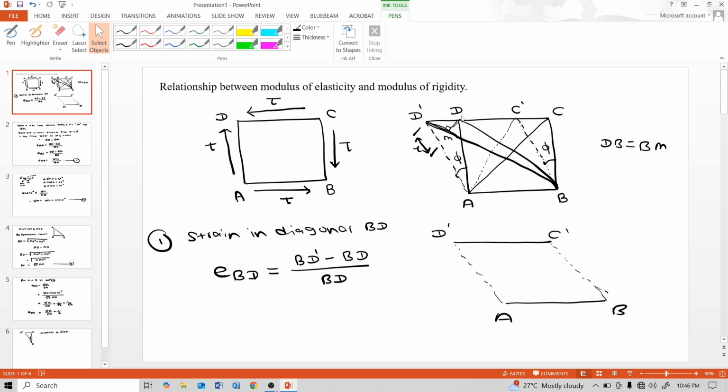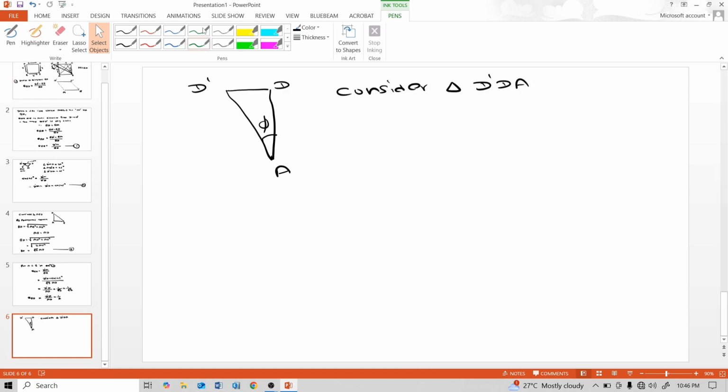tangential shear force, there is distortion in this CD side, and the distortion is DD dash. The distortion is very small. See, tan phi is equal to opposite side upon adjacent side, D dash D upon AD.